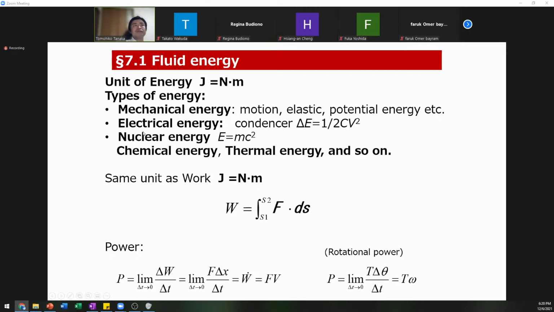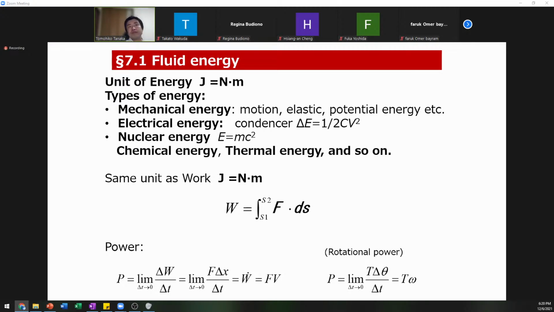And also there is electrical energy, such as a condenser, delta E equal to 1/2 times CV squared. Also, nuclear energy, E equals mc squared, and so on. Okay.